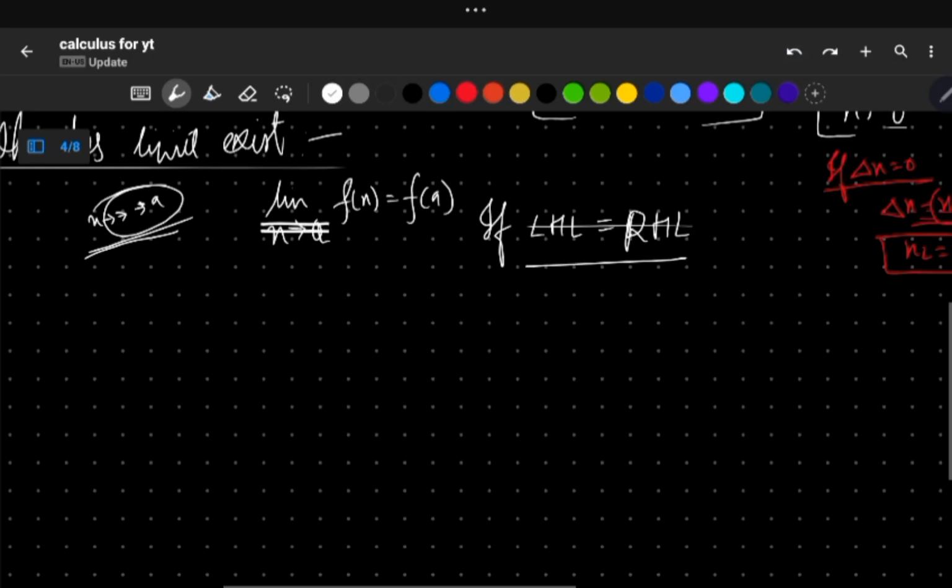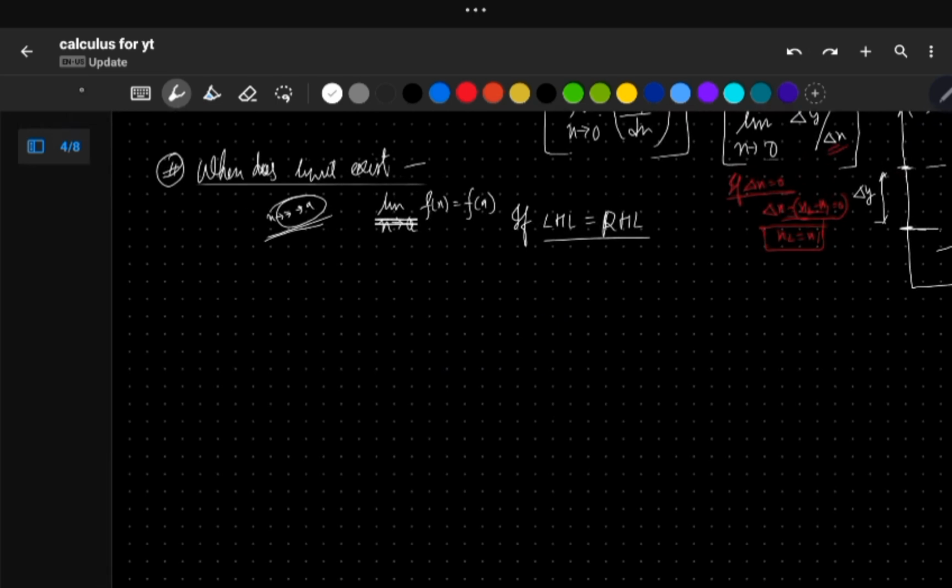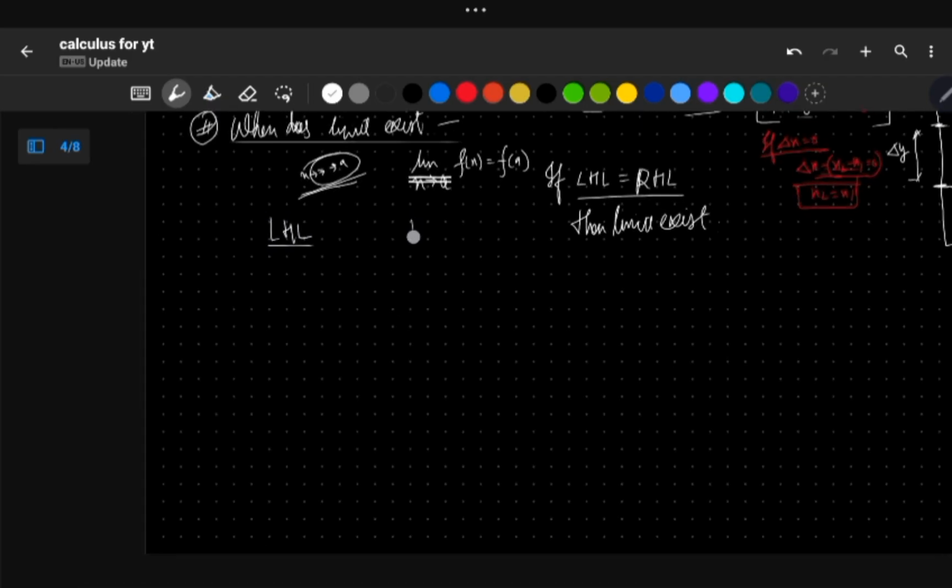then the limit exists. So what is the left hand limit? What is the right hand limit?